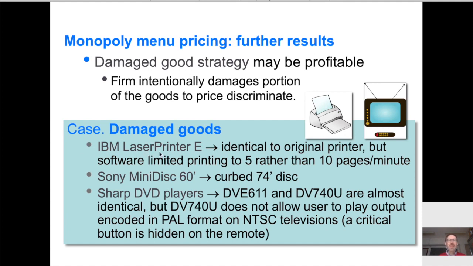But take this example of one of the first laser printers, the IBM E. This IBM E was identical to the original printer, but there was a piece of software within the printer that was limiting the printing to 5 rather than 10 pages per minute. We're talking about something decades ago, right? And you can read the other examples. It's the same idea: the original product has been damaged to create a new version that was sold, of course, at a lower price in order to reach those consumers that otherwise you wouldn't find profitable to sell to.